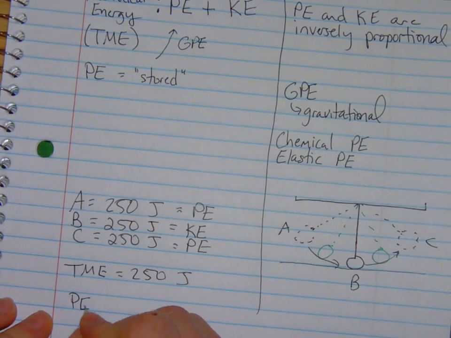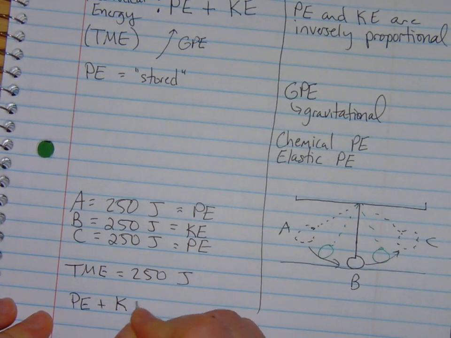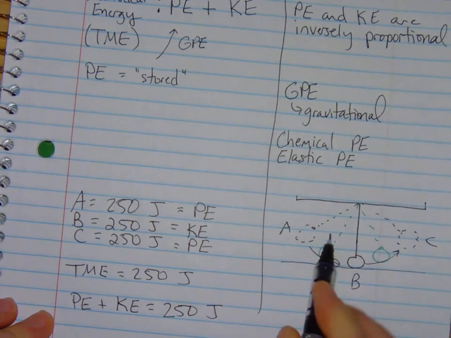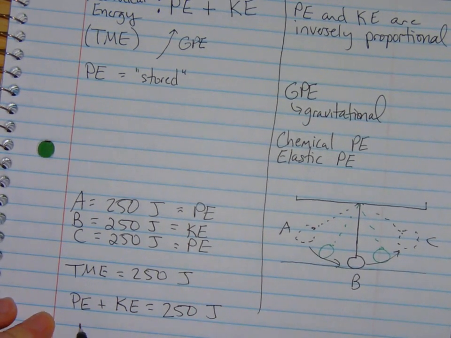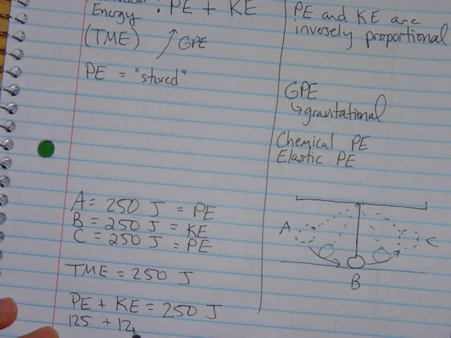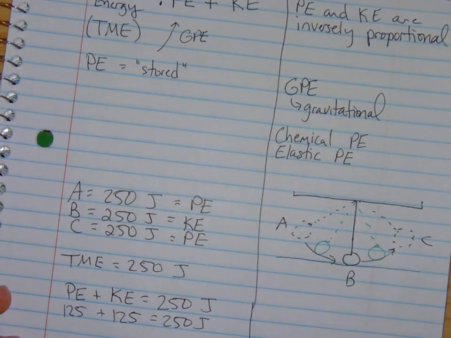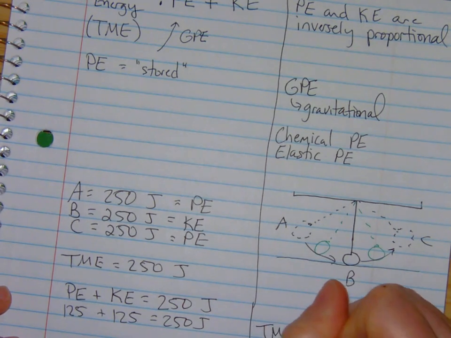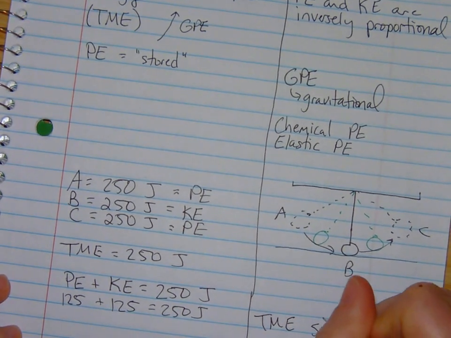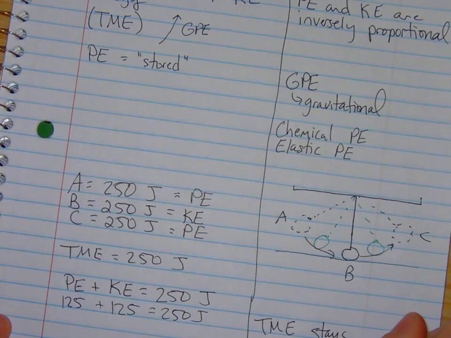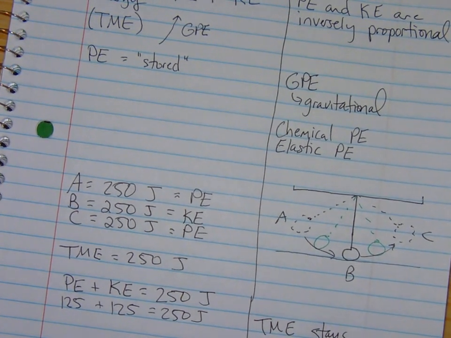So if our PE plus KE, potential plus kinetic, has to equal 250 joules, and we're halfway between there, then this must have been 125, and this must have been 125 to get our 250. It'll be extremely important to remember that total mechanical energy stays constant. Our total mechanical energy always stays constant.